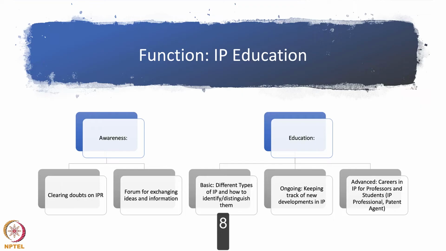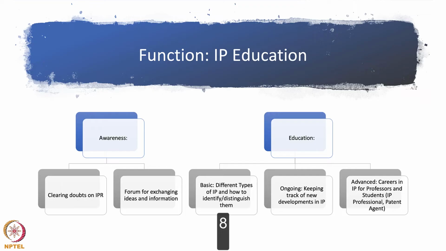So we can look at IP education from three levels. One is the basic education, which an online course like this can cover. The other is ongoing education, which would require some kind of constant interaction with the stakeholders, because as and when there are developments, we may have to address that and train and educate people on that.